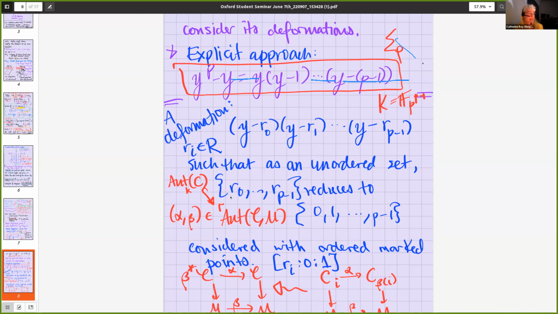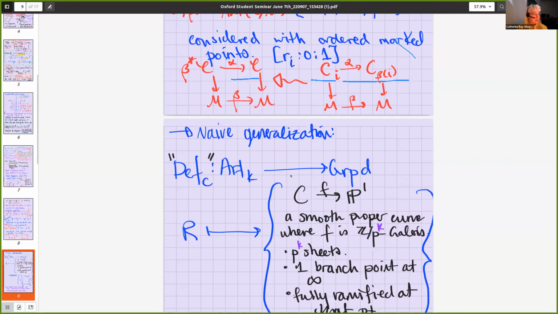So if you take a curve over F_p and we consider its deformation over R, the information of the deformation is the same as just specifying p points on P1 over R. This is the claim I'm making to you without justification.